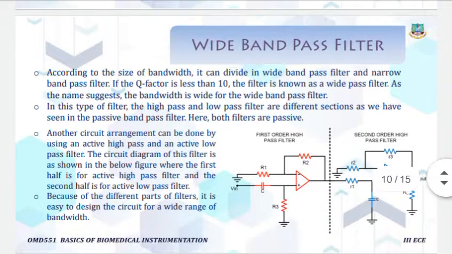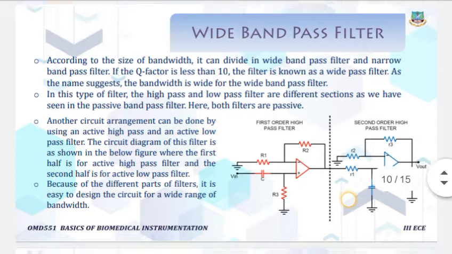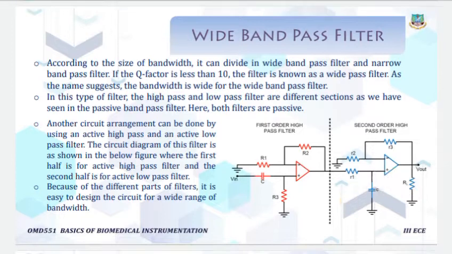wide band pass filter. Okay. So here the filter is also classified into two types, that is wide band pass filter and narrow band pass filter. Okay, this classification is based on the bandwidth. According to the size of bandwidth, it can be divided into wide band pass filter as well as narrow band pass filter.